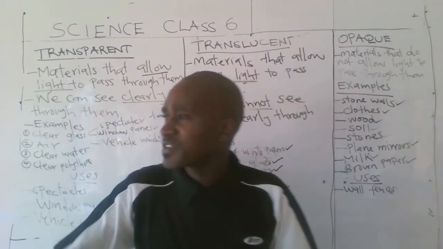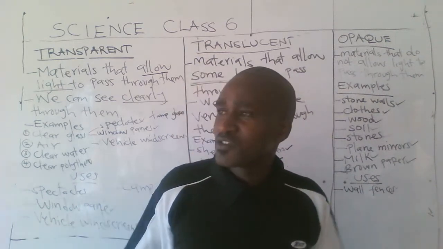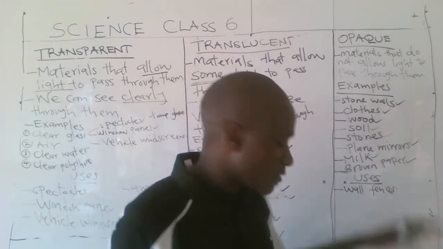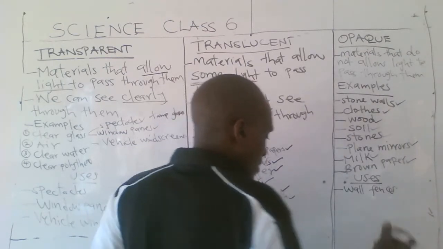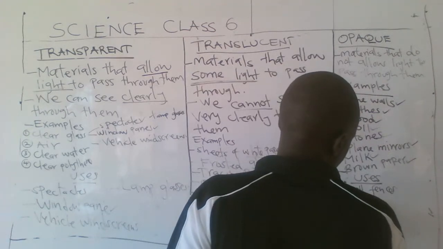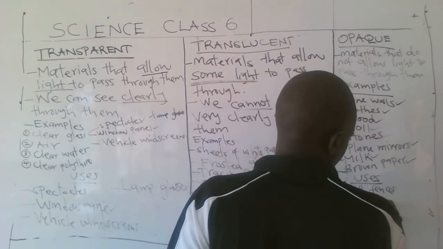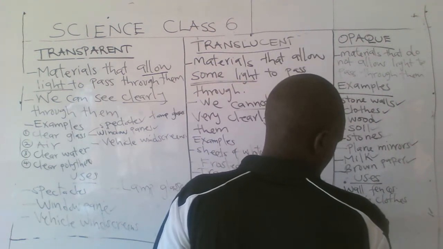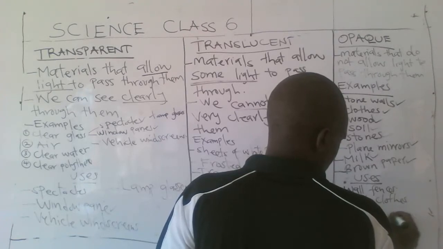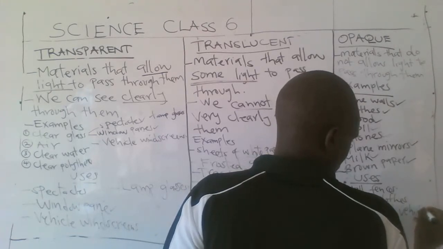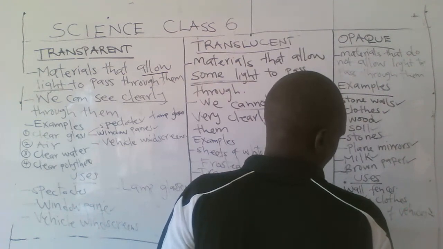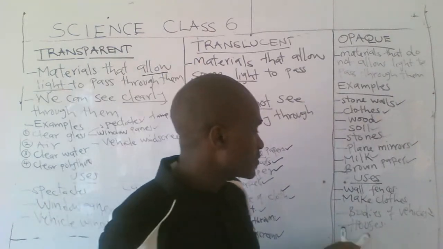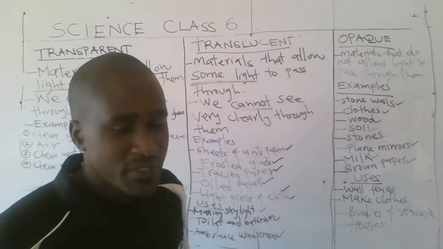It's to give you privacy and also for demarcation, to give you a boundary. Now, clothes, as they give privacy, we make clothes to give us privacy. We also use them for bodies of vehicles. We use them to make houses. So, these are uses of opaque objects.